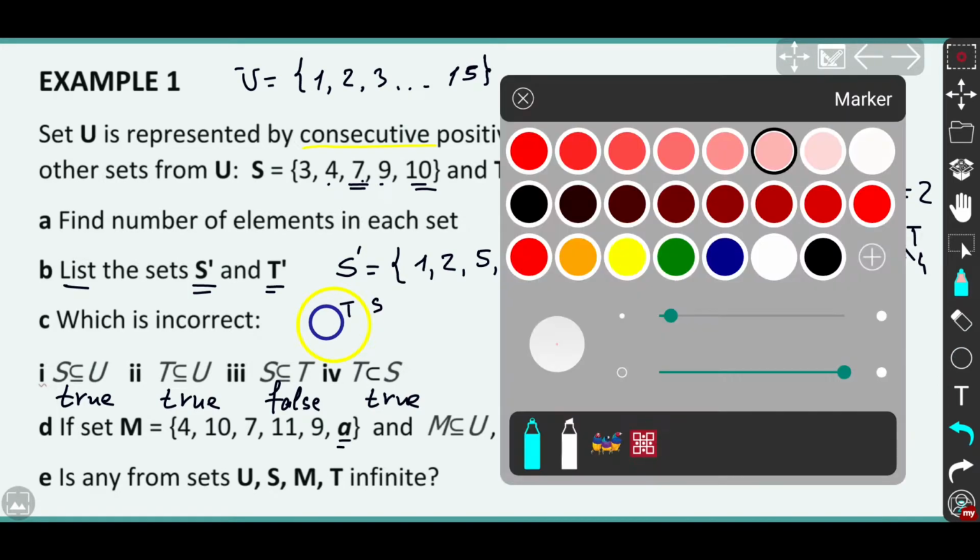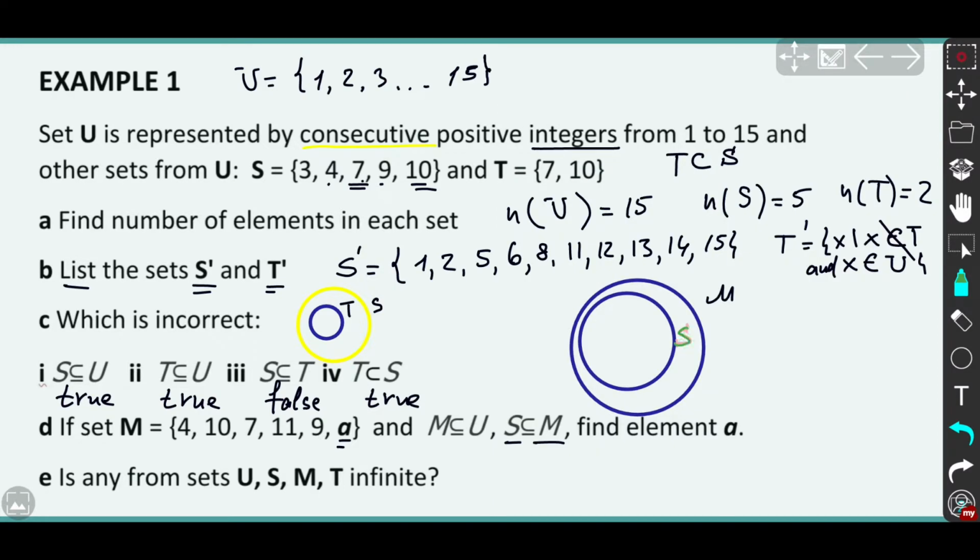Okay, so this is set S. Which color to use? Okay, this one is better. So this is set S in the interior circle, and let's put elements: 3, 4, 7, 9, and 10.